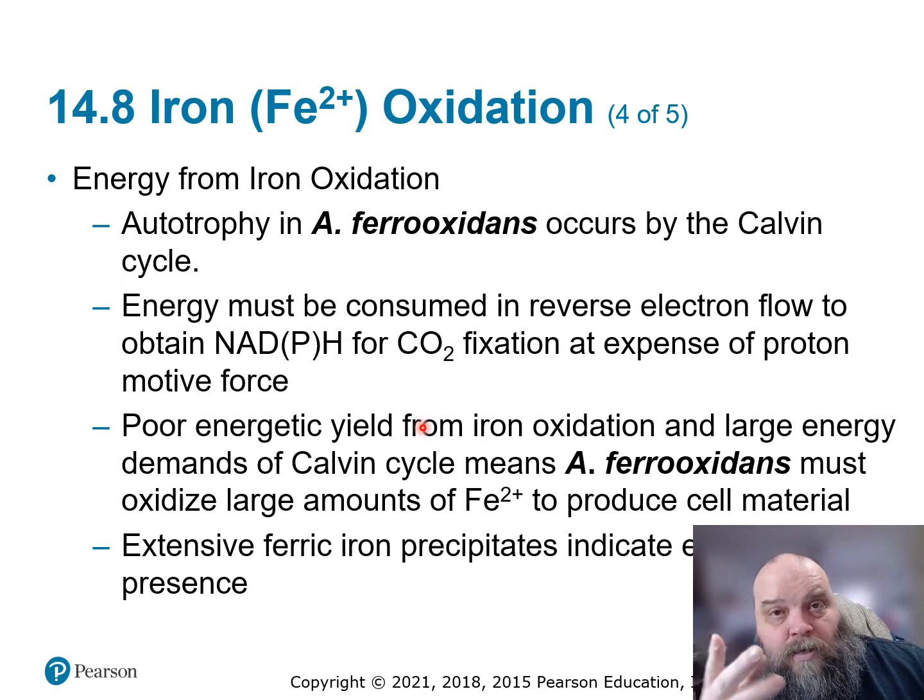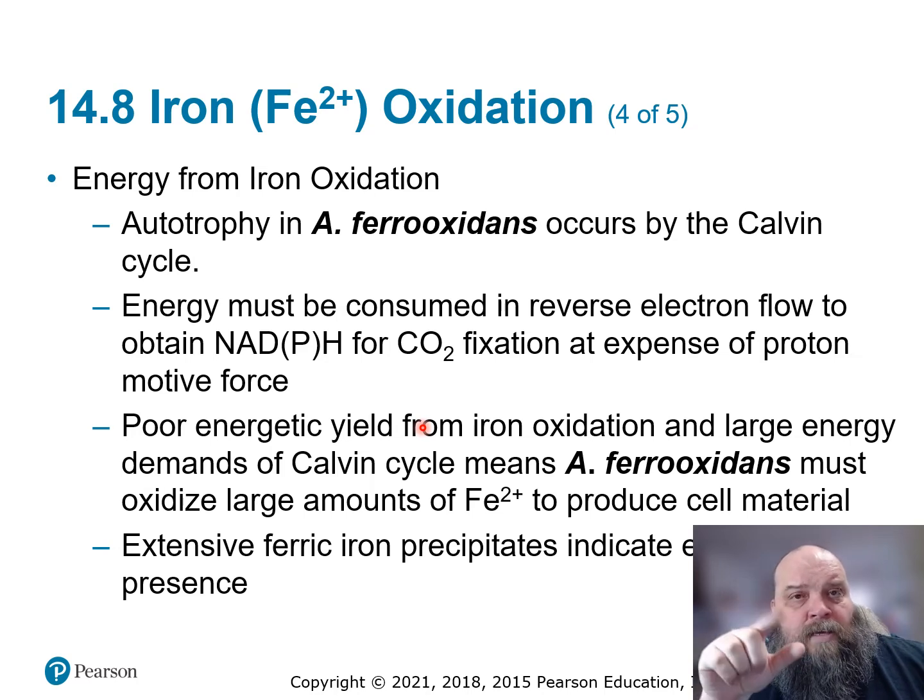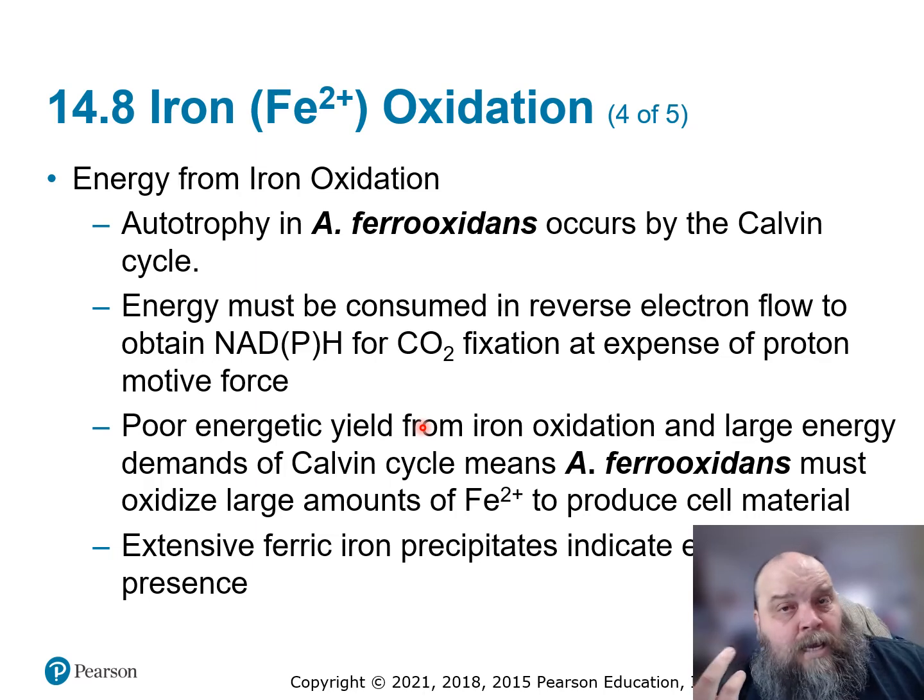A plus B yields C plus D. The A to the C, the B to the D. How those have to be far apart on that one graph. What was it? Figure 14.1, I believe it was. That showed, as long as they're farther apart in their E0 values, the energy yield from these reactions will be higher. Well, it turns out that the energy yield from iron oxidation, yeah, not so much.